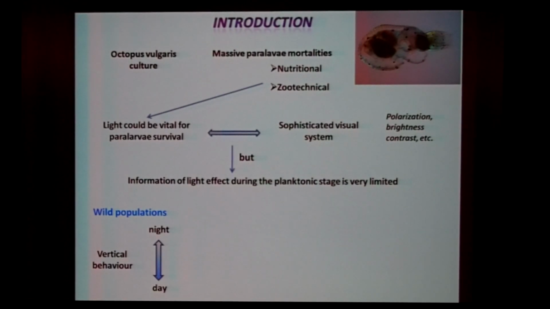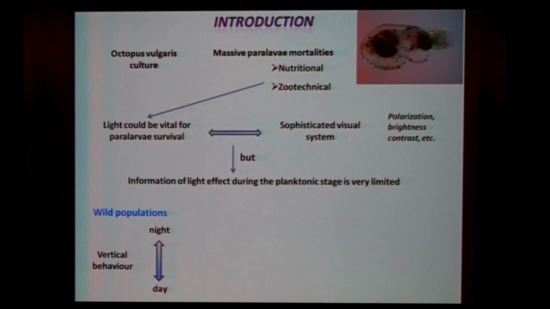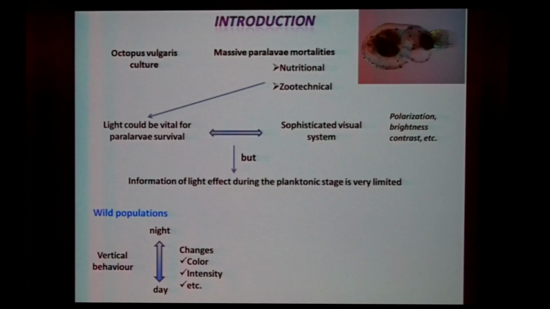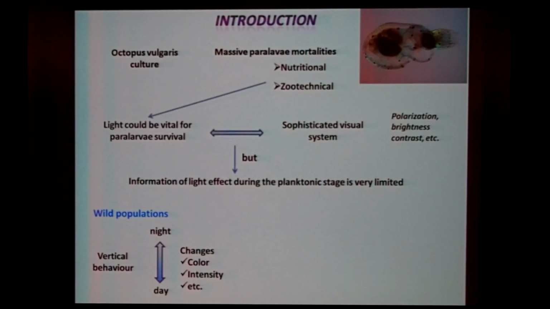During the night, you can find paralarvae near the surface, but during the day, you only find paralarvae at 100, 200, or even 500 meters. So this implies changes of color, a predominance of blue colors in the depth, and changes in intensity.